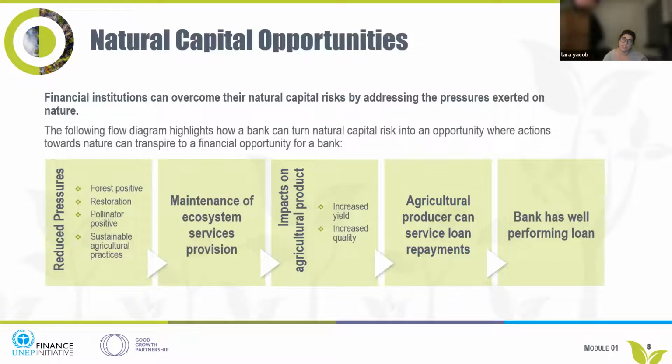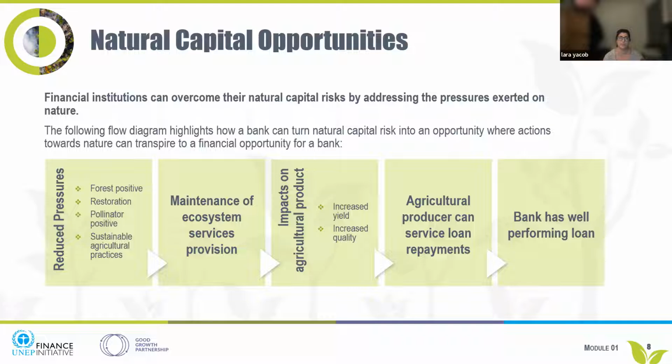Conversely, natural capital risks may also present an opportunity for a bank, but it should be noted that translating risk into a financial opportunity with a net positive benefit is not always possible.